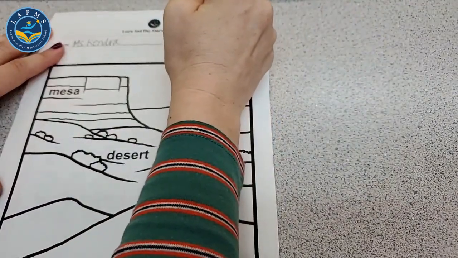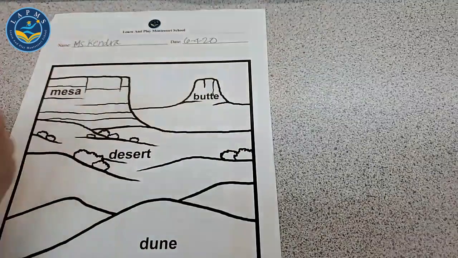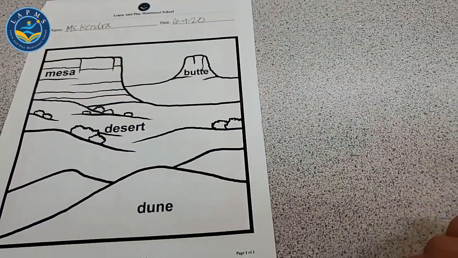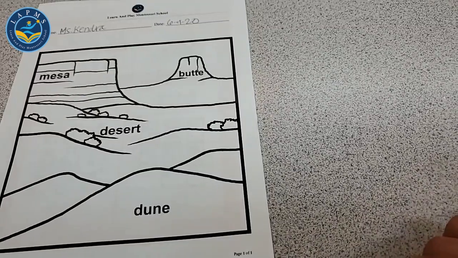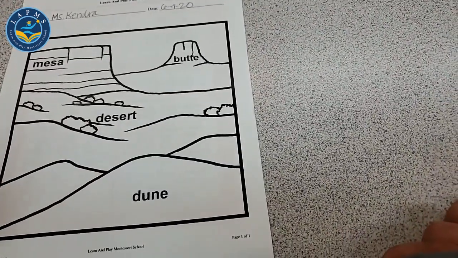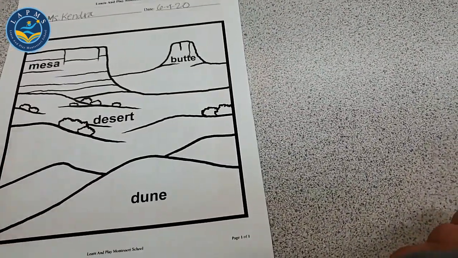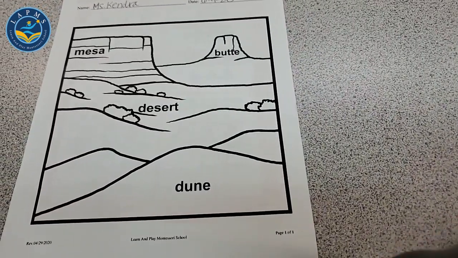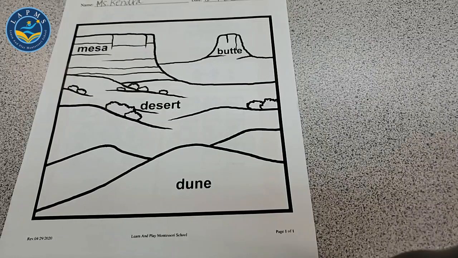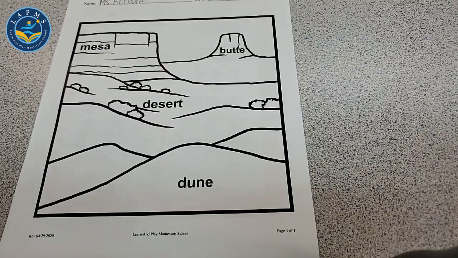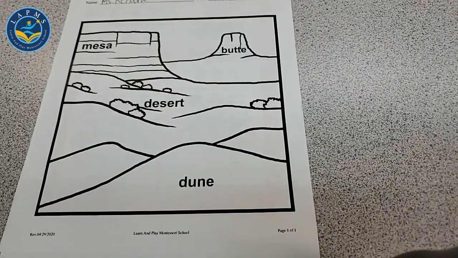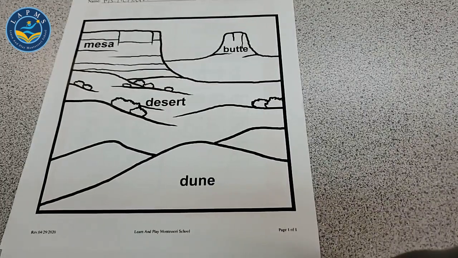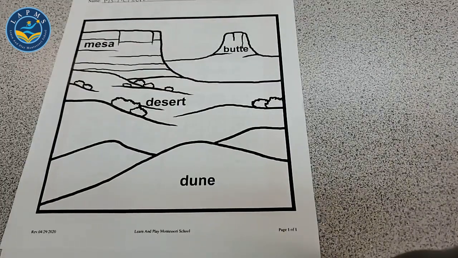Okay? 6, 4, 20. The air in a desert is super, super dry, right? And we know that that's 1, and we know that there's less than 10 inches of rain per year. So there's very little rain. We know, number 3, the temperatures in the daytime are very, very hot. And number 4, there's lots and lots of wind.